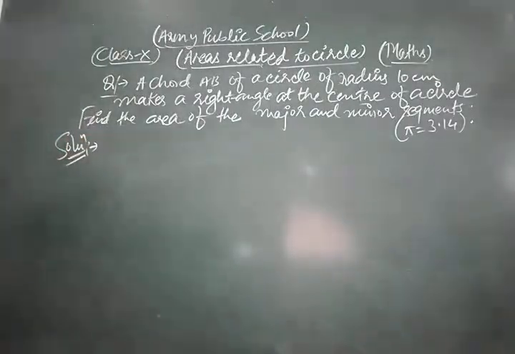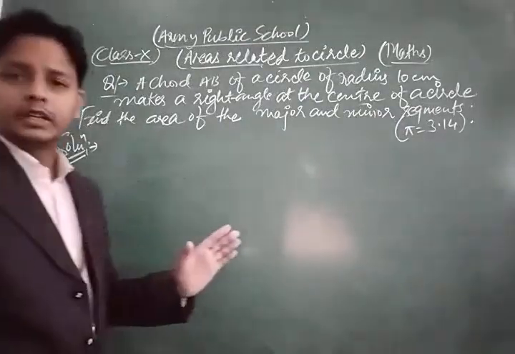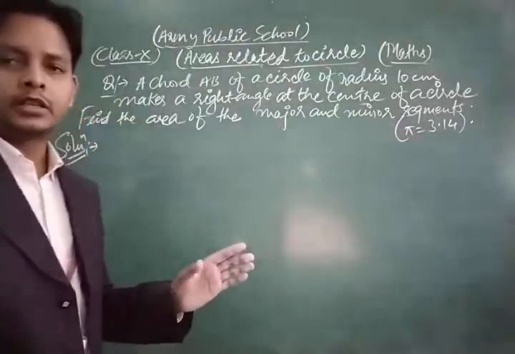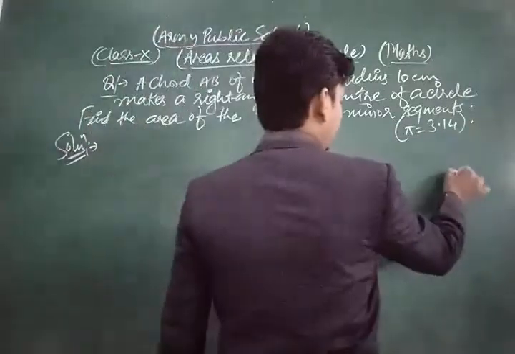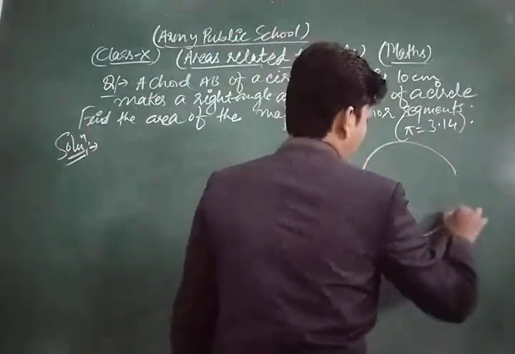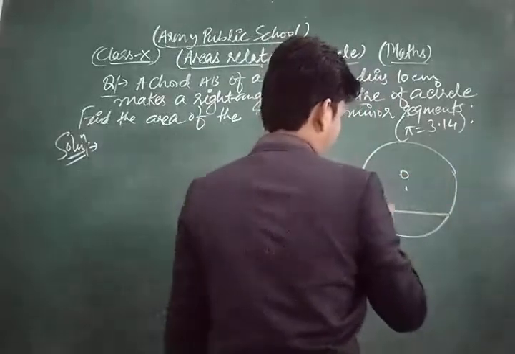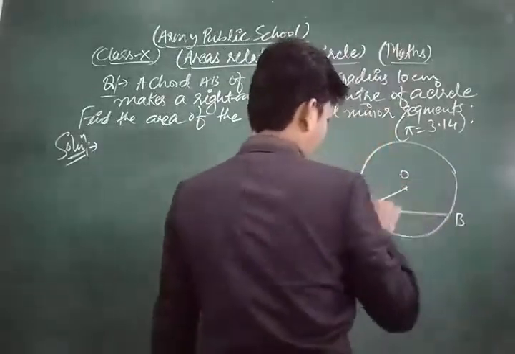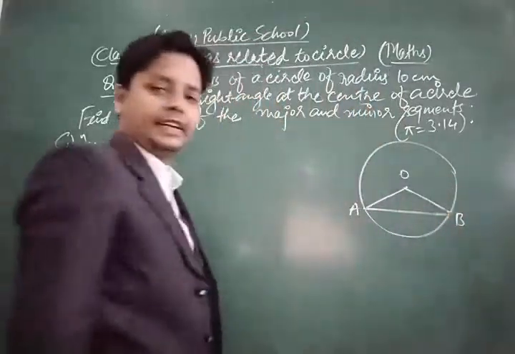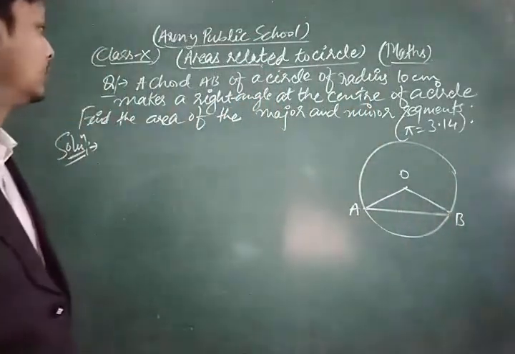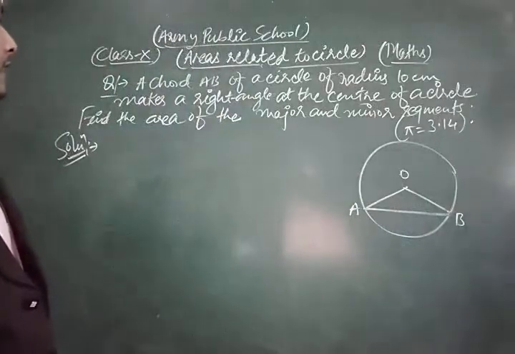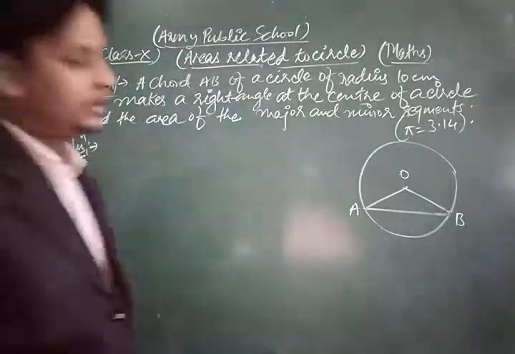Now let's see its solution. Look here, a chord AB is given in our question. Let us take O as the center of the circle, and OA and OB are the radii of the circle. It makes a right angle at the center, so this is 90 degrees.